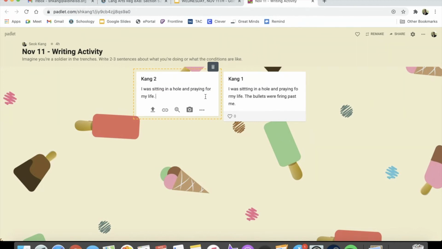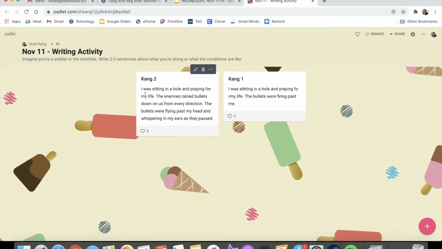And then you could be like, maybe I want to make the second sentence more descriptive. And I'm going to take the example of what we did Monday. The enemies rained bullets down on us from every direction. The bullets were flying past my head and whispering in my ears as they passed.